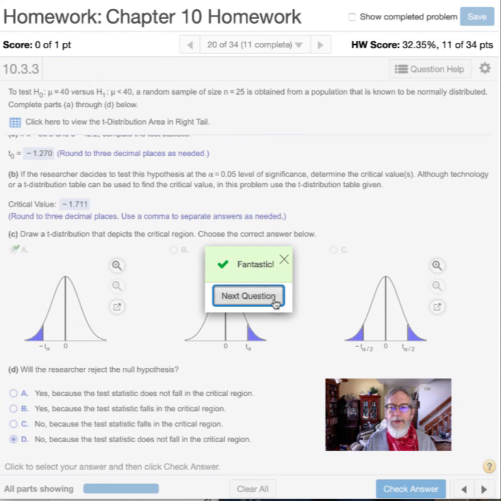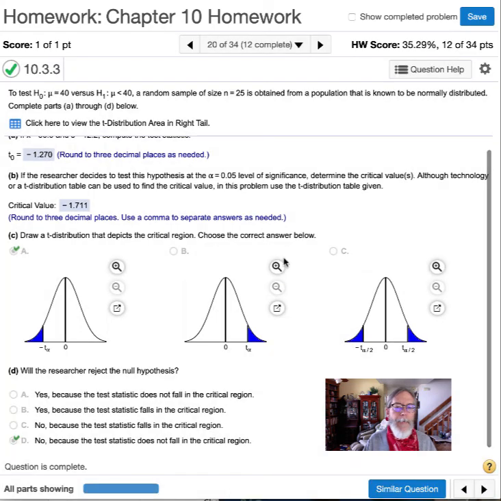Now, the other thing we could have done is, instead of using the critical value, we can use the value of P, the probability. If the probability is less than 0.05, we would reject.